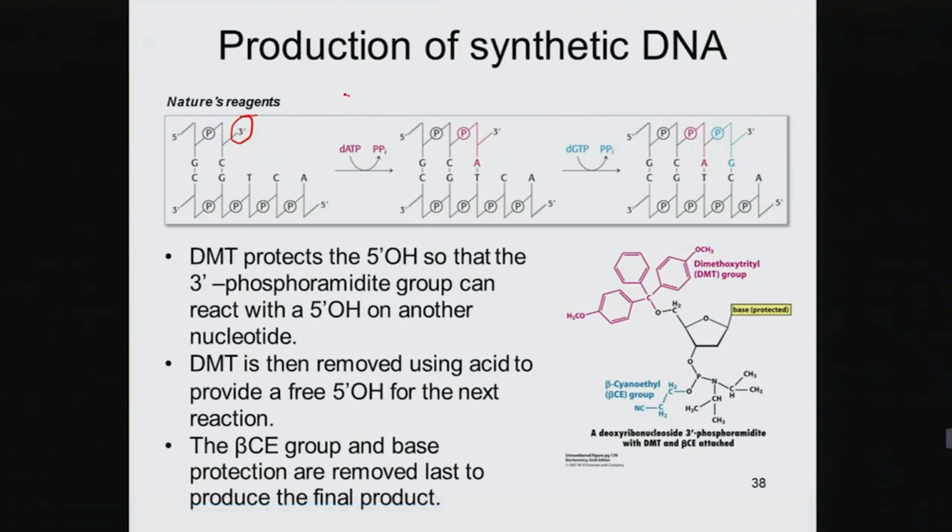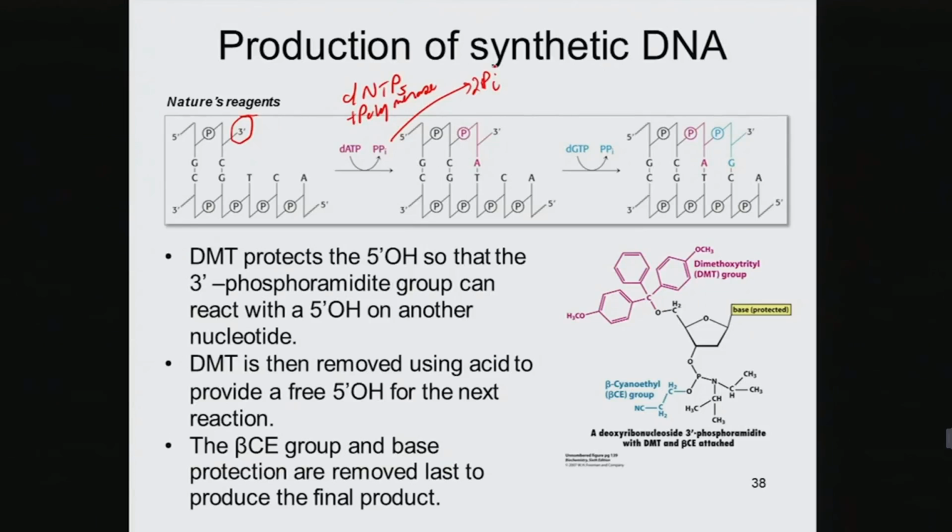So here it's dATP plus our polymerase. We incorporate a nucleotide and we release PPi. That's pyrophosphate, and that pyrophosphate will then be hydrolyzed to 2 Pi, which drives the reaction forward.